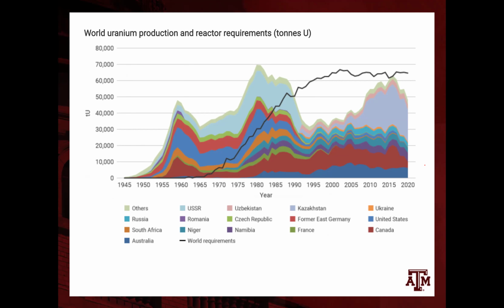So that's still a reasonably important fraction. However, we only need a few tens of thousands of tons of uranium, but that's because, of course, nuclear energy is very efficient, and that's what we're going to talk about in the next lecture. But for that reason, we can produce a lot of energy while consuming much less fuel than traditional energy sources.